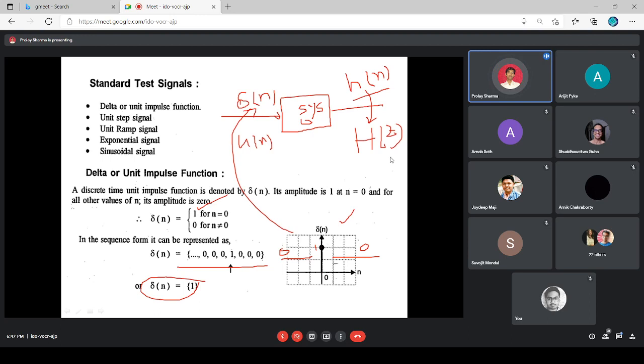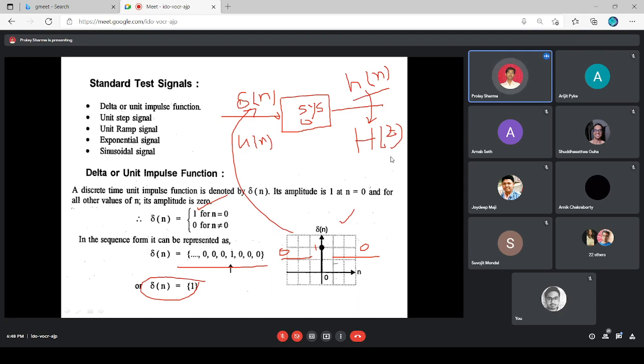So the impulse function is a very important function. With this impulse function, we can define the transfer function of the system. The transfer function is basically the input-output characteristic of the system. It is an important term from the point of view of system design, because a system is designed with the transfer function itself.